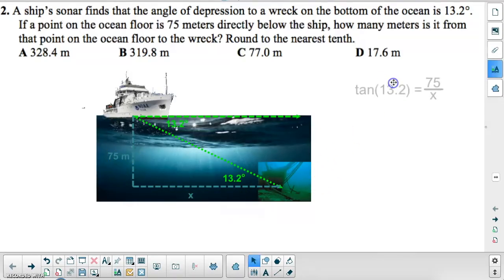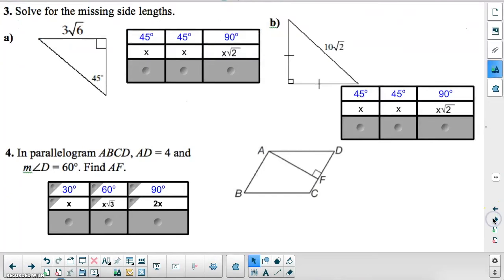Therefore, we're going to be using tangent. So tan of our angle equals opposite over adjacent. From there, we would multiply by x and divide by tan of 13.2, and we get 319.8 meters.